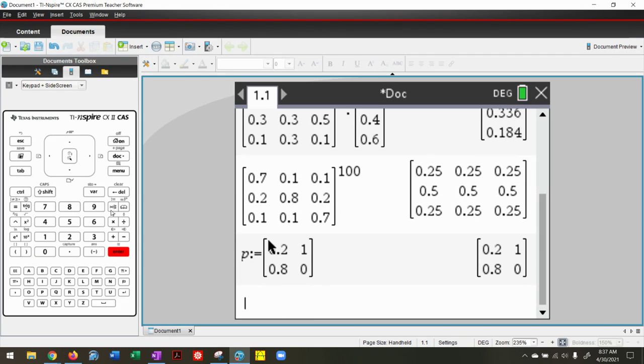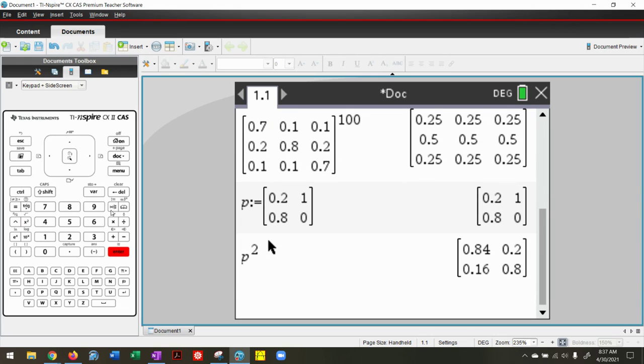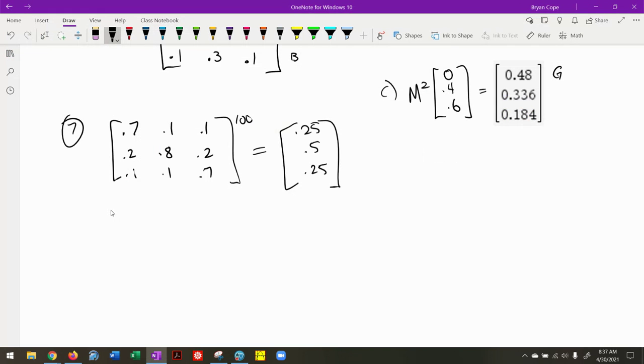All right, so P itself does not have only positive, but P squared does, and so that's pretty easy. P is regular in this case. So for 9, let's say P is regular because P squared has strictly positive entries.